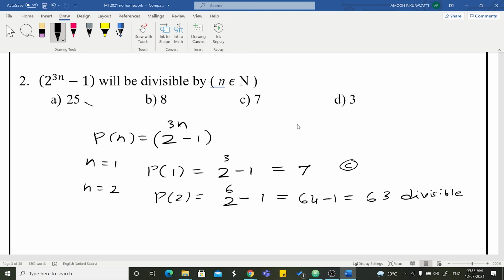No. 63 is divisible by 8? No. 63 is divisible by 7? In the 7 table, 63, yes. So it is divisible by 7. So 7 is the right option. Okay, fine. Please note.